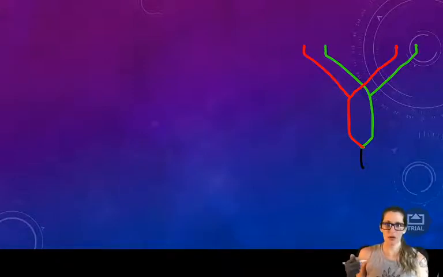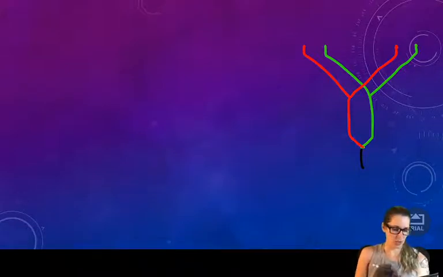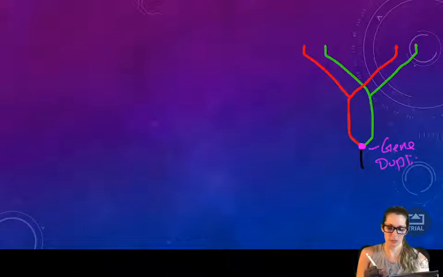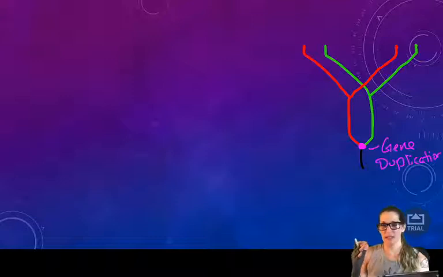The other thing that can happen is if we look at this image and we imagine that at the pink point we had a gene duplication. That means that these 2 genes are experiencing different evolutionary pressures.